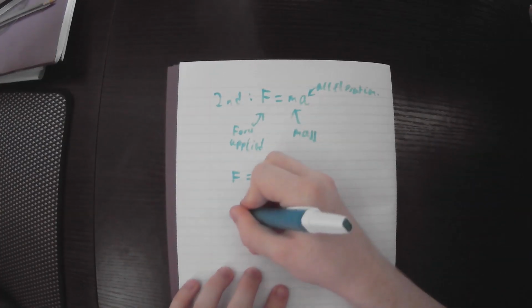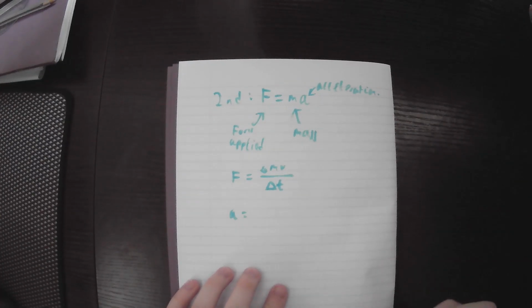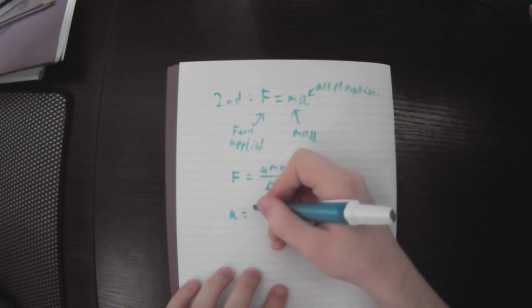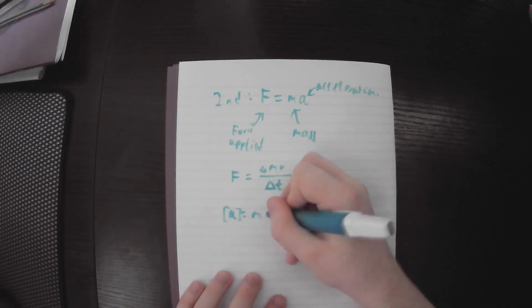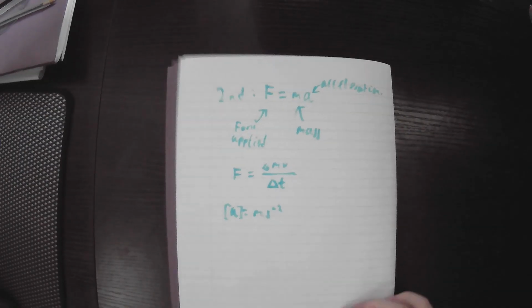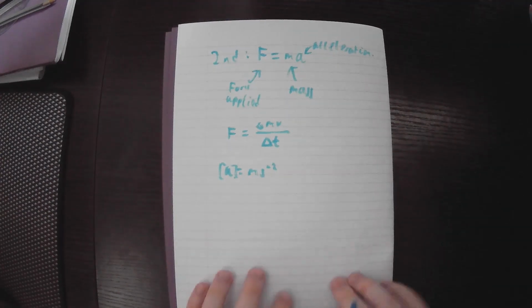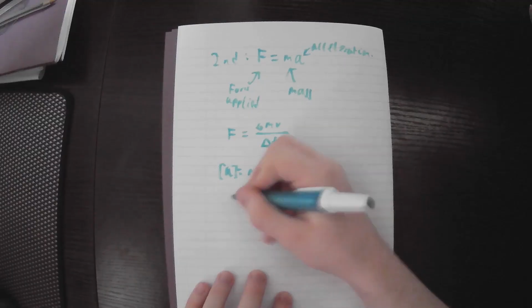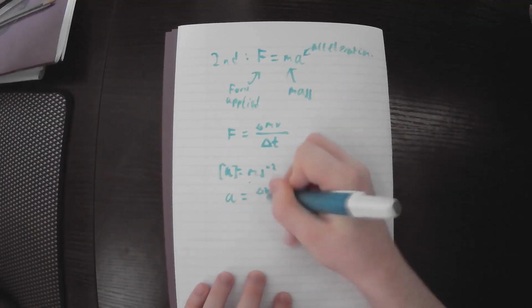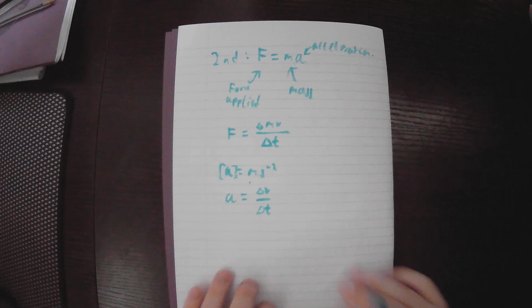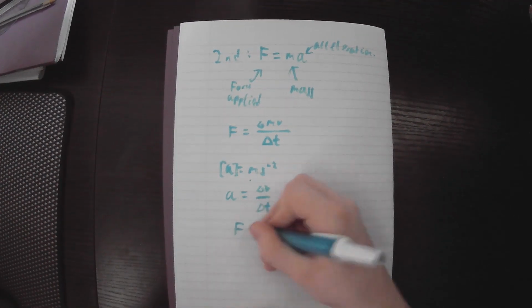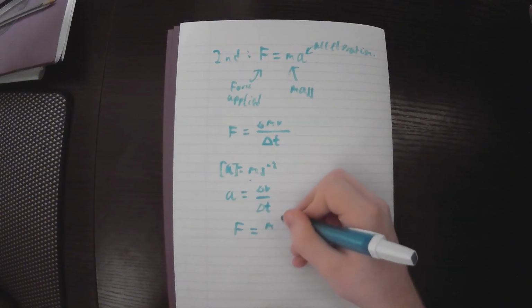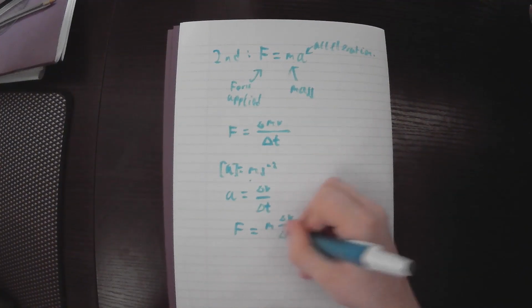So, if we take acceleration, acceleration is in meters per second squared, right? So the dimensions of acceleration are meters per second squared. It is also, so acceleration equals delta v by delta t, the rate of change of velocity. So that must mean F equals m multiplied by delta v by delta t.